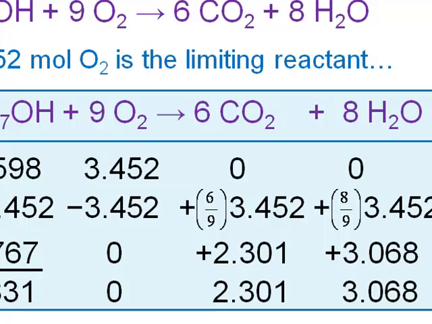The nice thing about setting up a table like this is, if they ask you how many grams of H2O are produced, all you have to do is take this number and multiply it by water's molar mass. If they ask how many grams of carbon dioxide are produced, take this number, multiply by the molar mass. If they ask you how much is left over of this fuel, you take this number and multiply by its what? Molar mass. All you got to do.